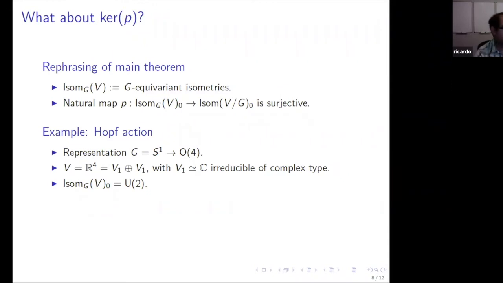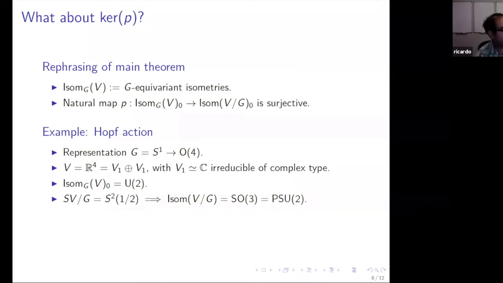The quotient of the sphere by the Hopf action is the two-dimensional sphere of radius 1/2, and so we know what the isometry group of that is. There's a little typo there; I should have put the identity component of that. That's SO(3), otherwise it's O(3). But the identity component of the isometry group of the quotient is SO(3), which is also PSU(2).